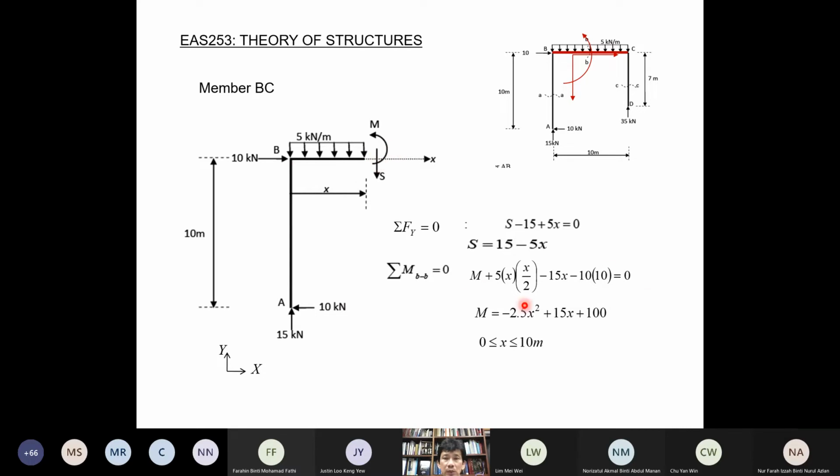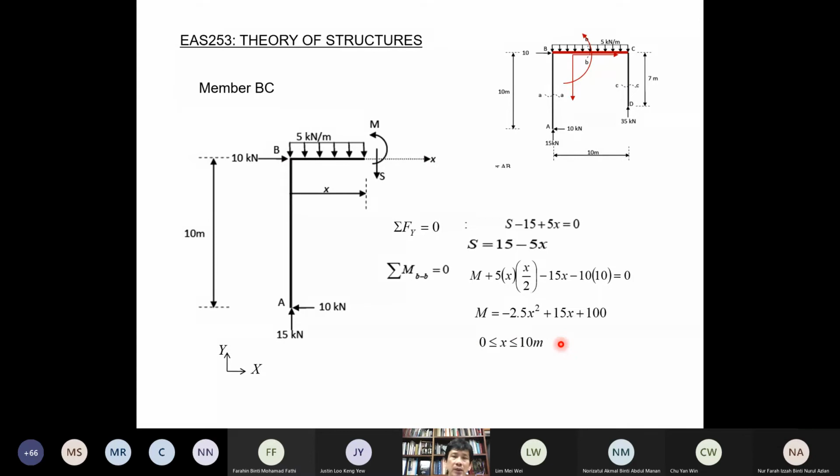So this is just equilibrium equations. Then we get M is equal to X squared now, because the bending moment here involves UDL. It's a curve now. This is again applicable to B to C, so X is from 0 to 10.